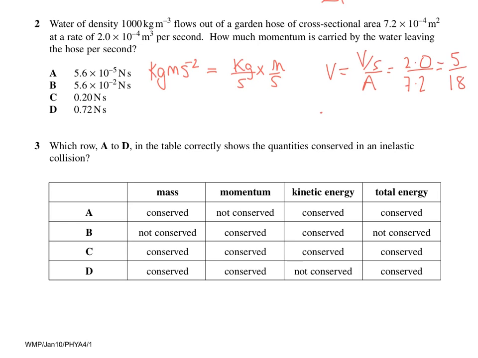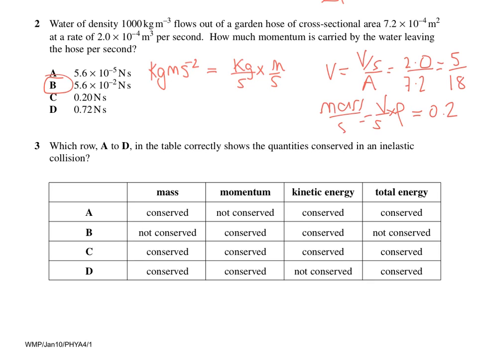And the mass per second is going to be the volume per second times the density, which is 2.0 times 10 to the minus 4 times 1,000, which gives you 0.2 kilograms per second. So we're going to times that by 5 divided by 18, which gives you 1 over 18, which gives you 0.055, which would be 5.6 times 10 to the minus 2.